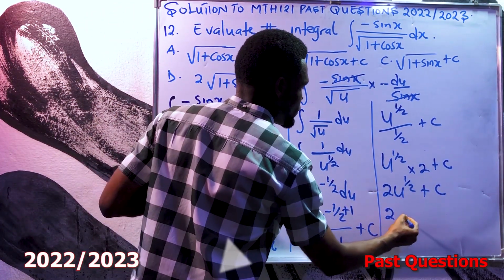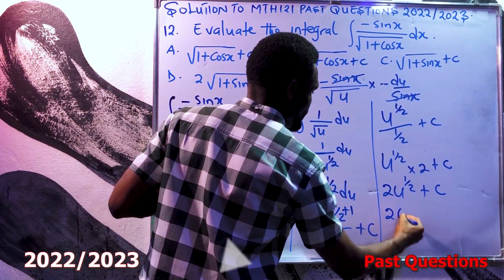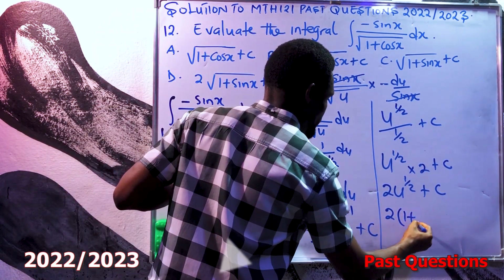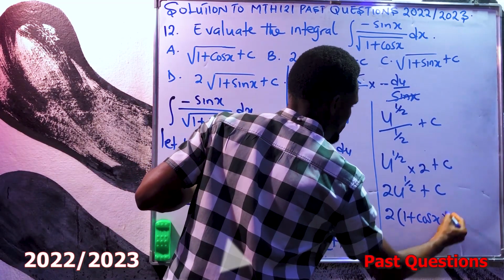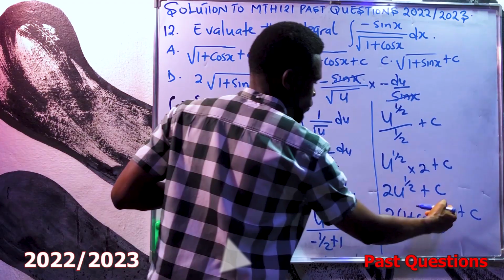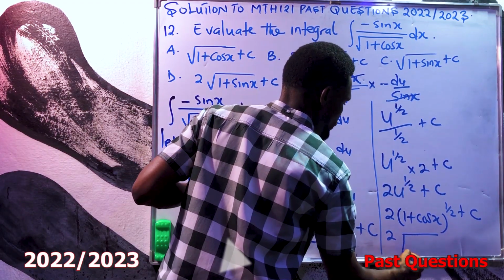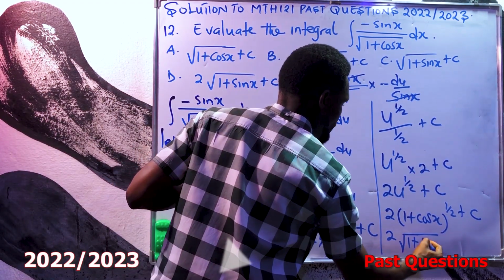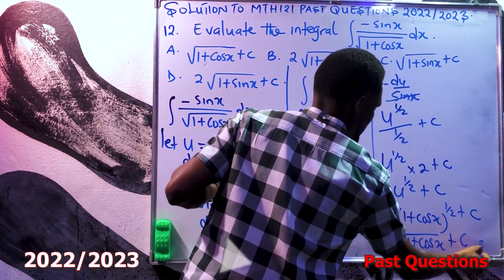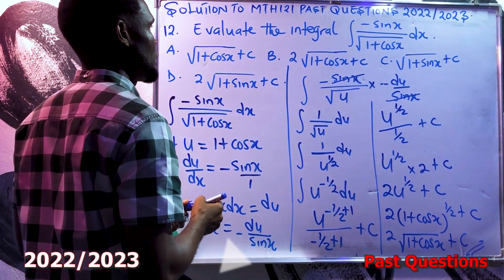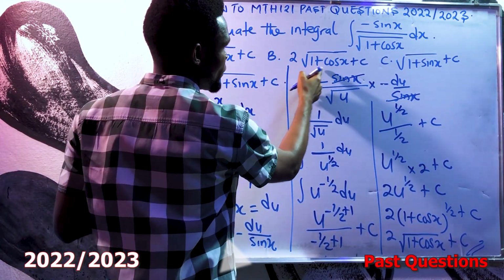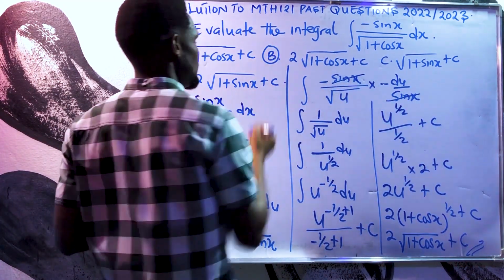So you have 2 into 1 plus cos x raised to power 1 over 2, plus c. And 1 over 2 means square root. So you change it back to 2 times the square root of 1 plus cos x, plus c. And that gives you the final answer. And that is option B, 2 root of 1 plus cos x plus c. That is option B.